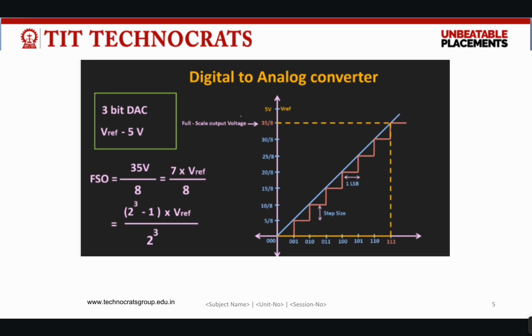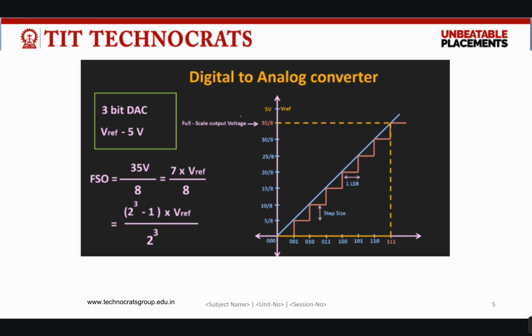The full scale output of a 3-bit DAC is equal to 35 volt by 8, that is 7 into V reference upon 8. V reference is 5 volt, so 7 into 5 is 35. FSO, the full scale output, is also equal to (2 to the power n minus 1) into V reference upon 2 to the power n.